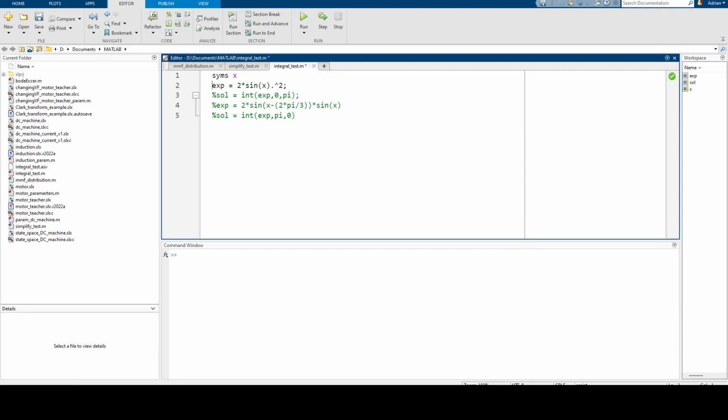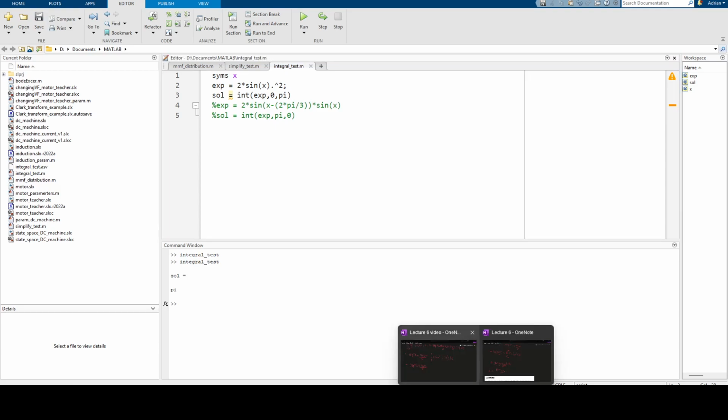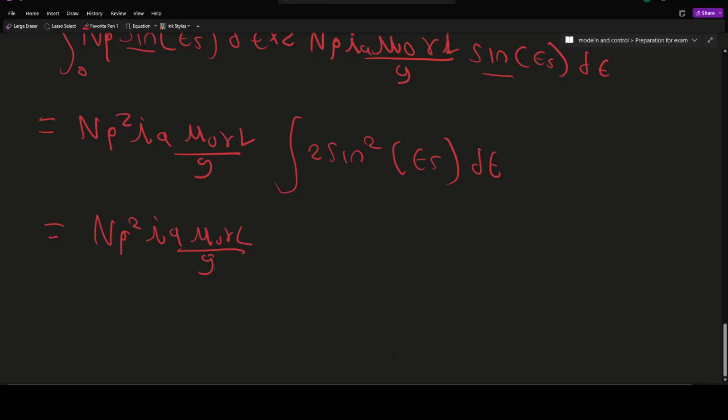Then you declare your expression, in this case it is 2 times sine x squared. Our solution will be the integral of the expression from 0 to pi. And this gives me the result. Oh well, I need to take out this, so it shows this pi. So all of this is going to be times pi.